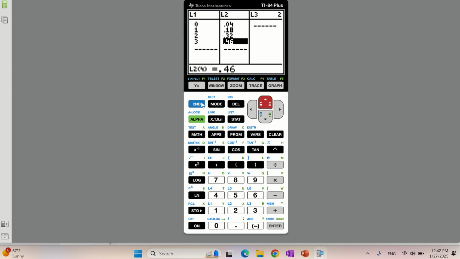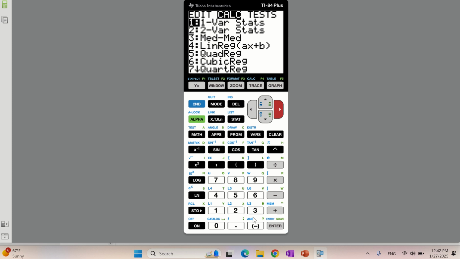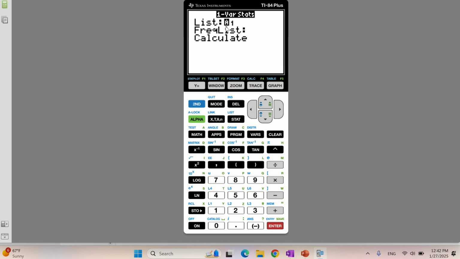Okay, so we have our lists together. Then we go back to stat, go to calculate, and choose 1-Var Stats, number 1. Remember, if you don't have this menu, you just hit L1, comma, L2. But here I have this version, so I put list 1, and then list 2.